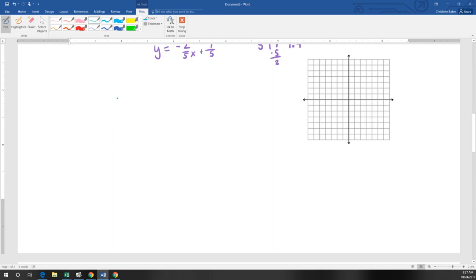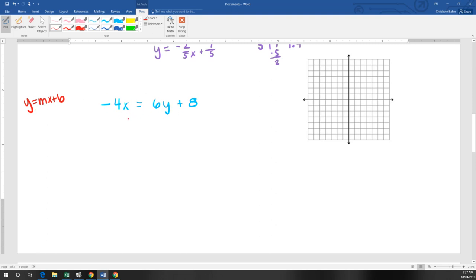What if I had negative 4x is equal to 6y plus 8? Obviously, not in y equals mx plus b again. But what I need to do is get my y by itself. The y's over here on the right, just leave it over here.